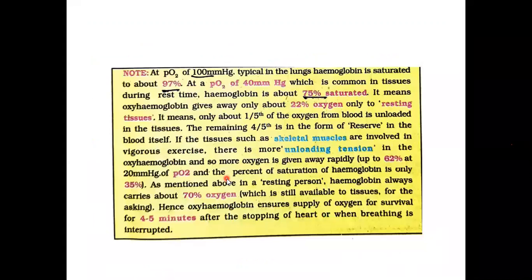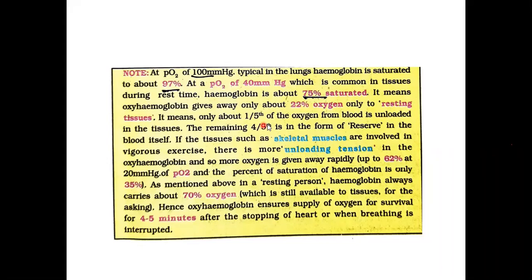If you see here, at around 100 mm of Hg of PO2, 97% of the hemoglobin is saturated. At a PO2 of 40 mm of Hg, that is at the tissues, hemoglobin is around 75% saturated. That means only 22% of the oxygen is available to the tissues.